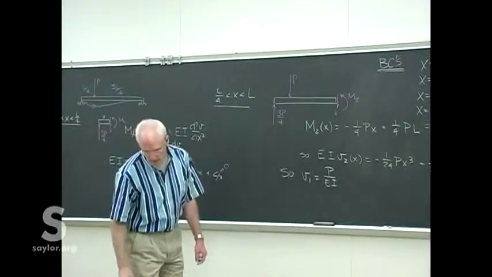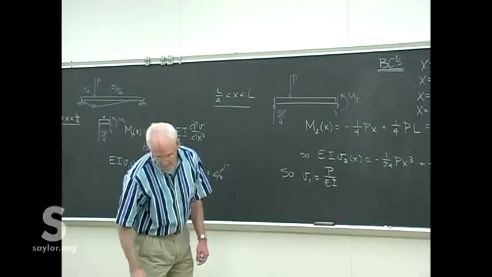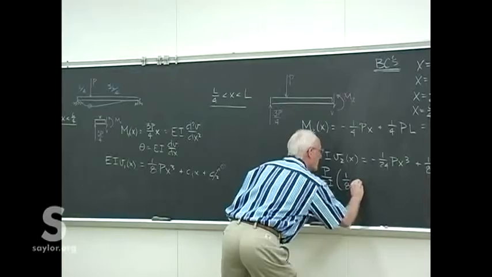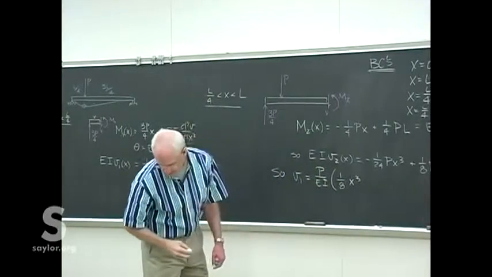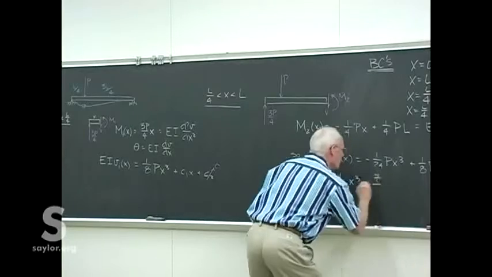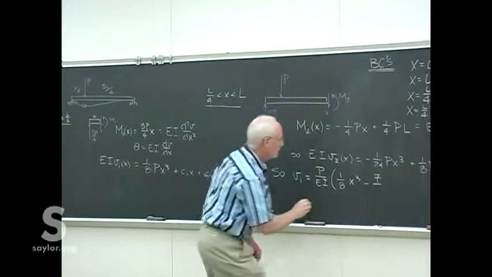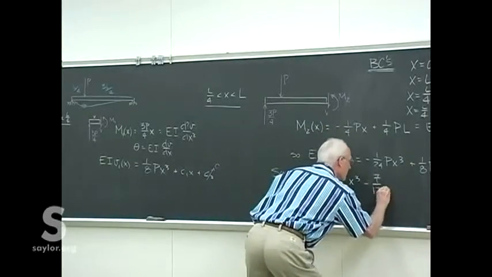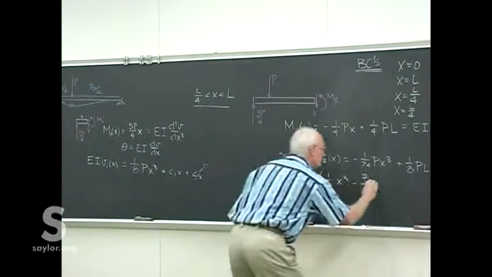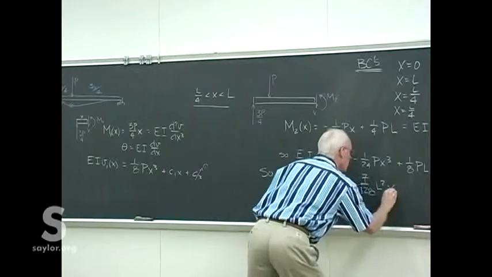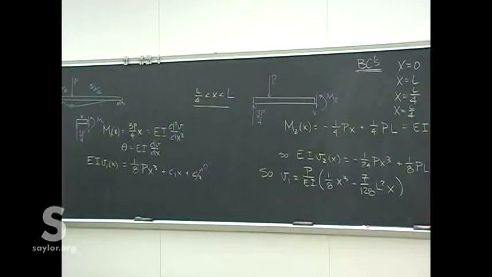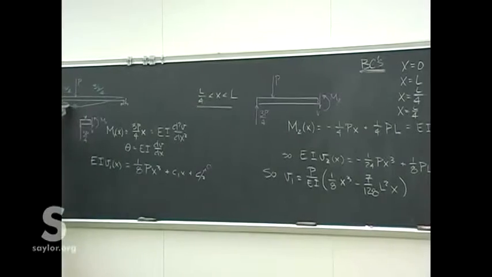V1 equals P over EI times 1/8 x cubed minus, you're going to love this, 7 over 128. Love these little pieces as they accumulate. L squared x. That's for the left side of the beam, V1.